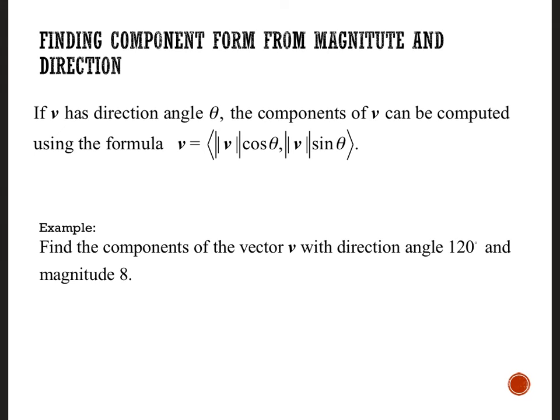If I have, let me draw this first. So if I've got this magnitude of 8 and I'm at the angle 120, to get the vector form or the component form of this vector, I really need the x coordinate and the y coordinate. To find the x coordinate, we're going to take our magnitude or our length times cosine of our angle measurement.